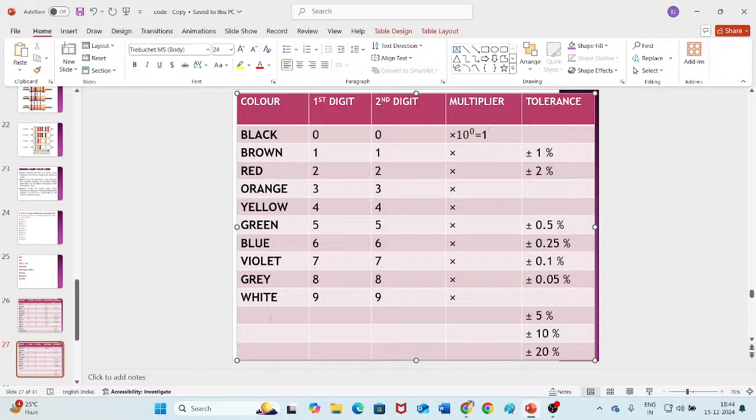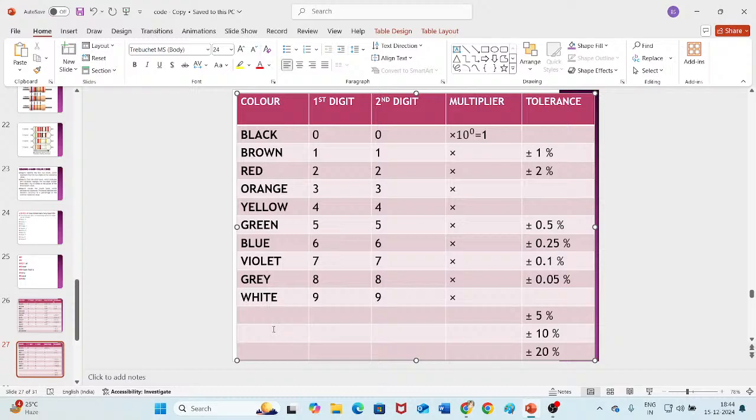Someone has mentioned gold and silver. Gold and silver are tolerance values. They will never come under this band A, band B sequence. Gold and silver are always tolerance values.